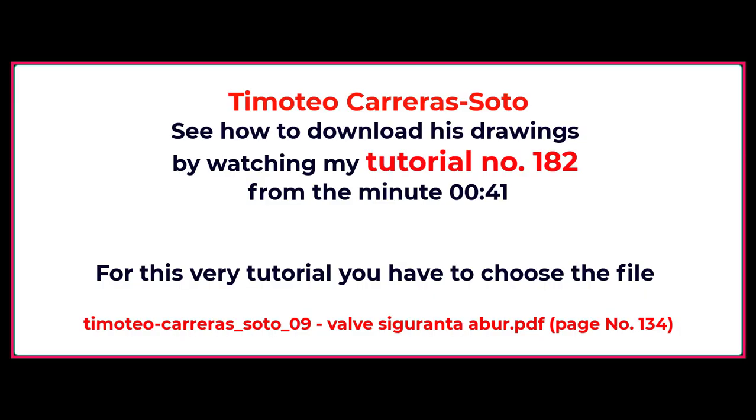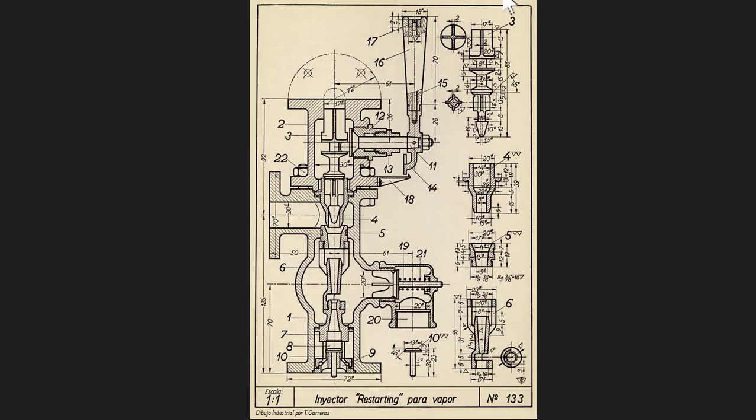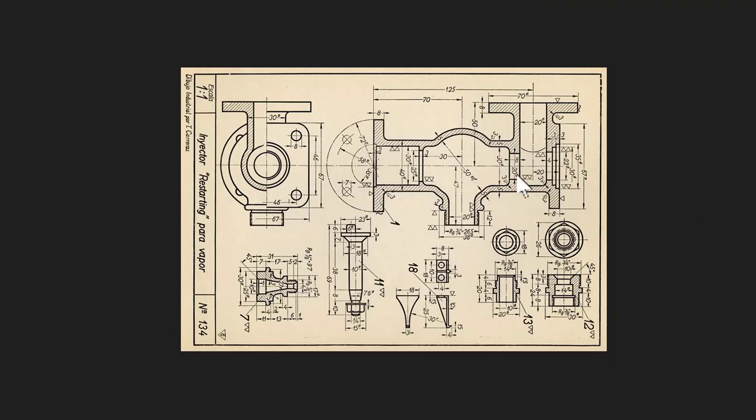This part is taken from Timoteo Carasoto drawings, and you can download it by watching the tutorial number 182. As you can see here, this is the assembly with this part number 1 and the detail is here.